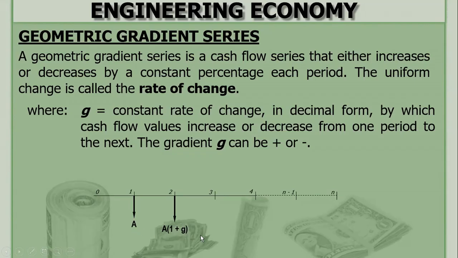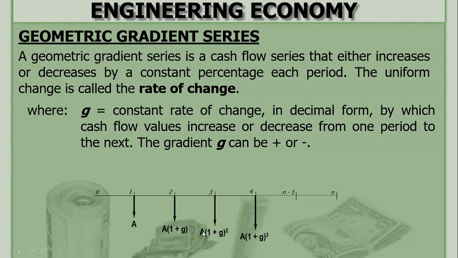So, A times 1 plus G. And then for the third period, another 1 plus G na siya. For the third period is previous plus G% sa previous. So, it becomes A times 1 plus G squared. And so on. So, the cube.